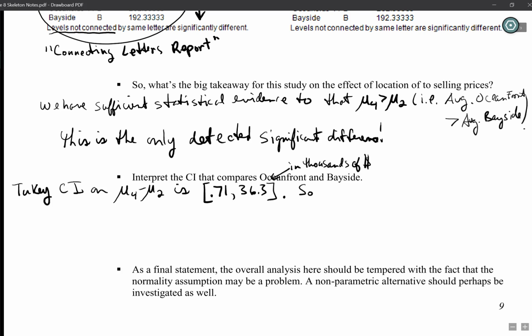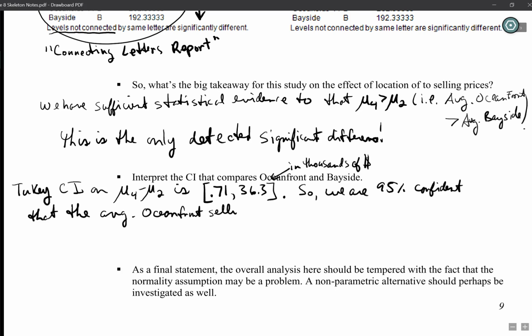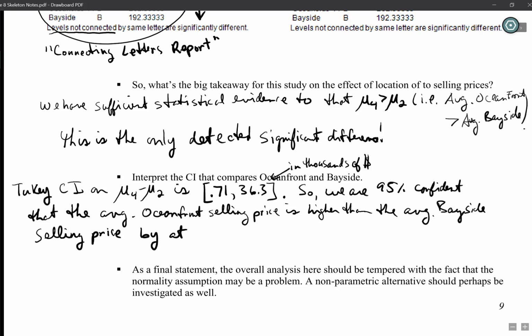So what we would say here is that we are 95% confident that the average oceanfront selling price is higher than the average bayside selling price by at least, now in the original units it was 0.71, but in terms of dollars, that would be $710.